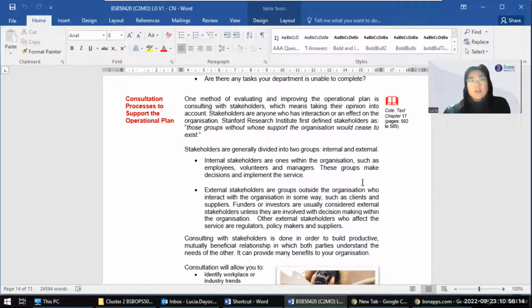And we both considered ourselves internal stakeholders because we were the working group of this project and were involved in this plan. Now, the external stakeholders are groups outside of the organization that interact with us in some way, such as the suppliers.